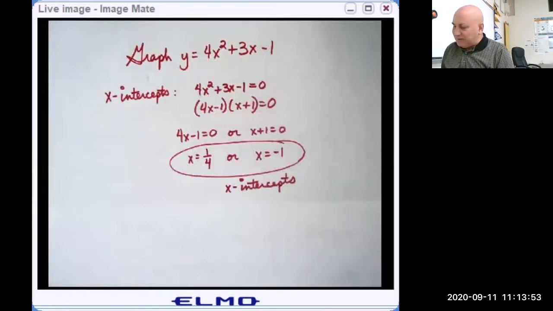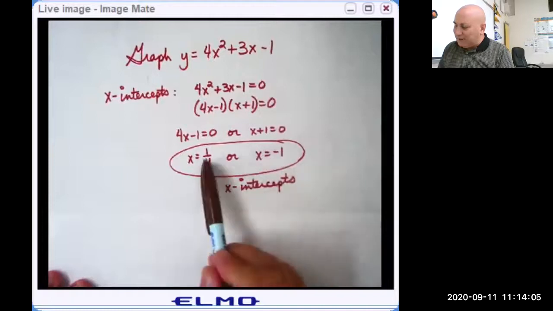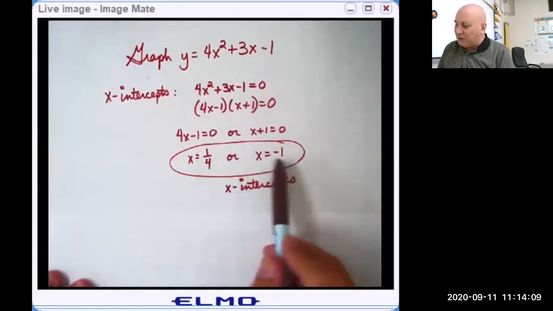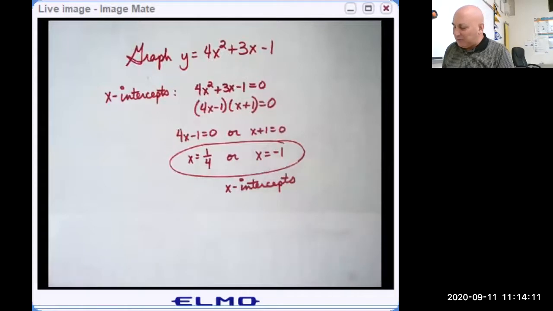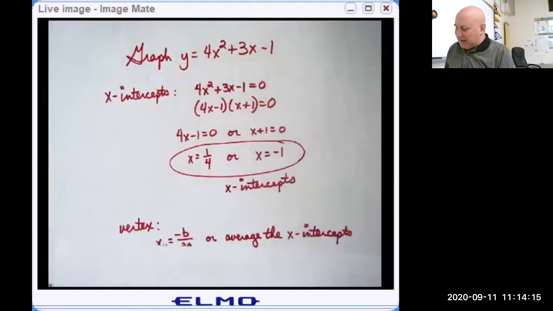Where will the vertex be? Well, because a parabola is symmetric about its axis, the x-coordinate of the vertex will be halfway between these two numbers. Or I can look up here and go negative b over 2a.